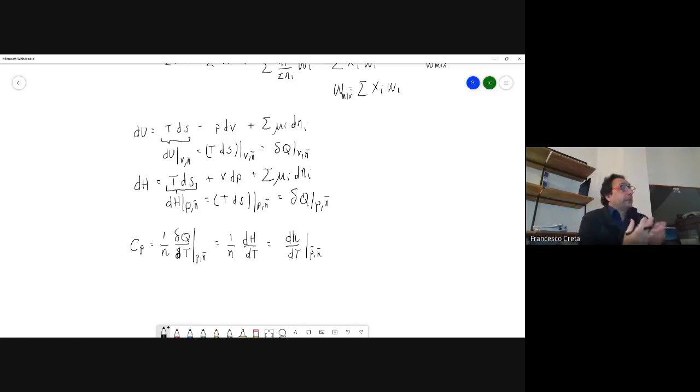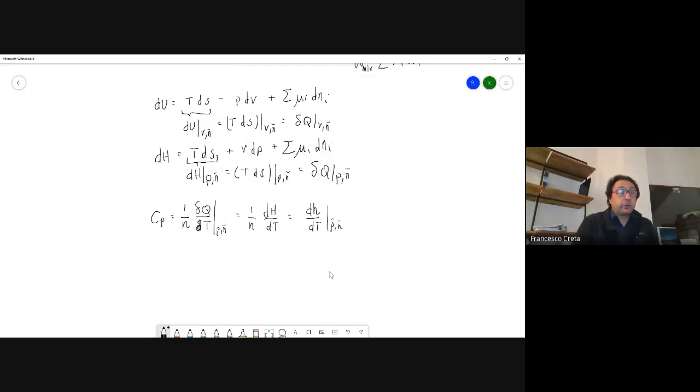But practically speaking, it is how much heat we need to raise the temperature by 1 Kelvin for the unit quantity of substance. And the same identical thing you can do for a constant volume.